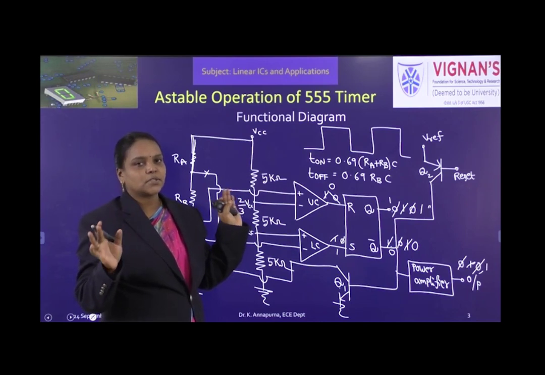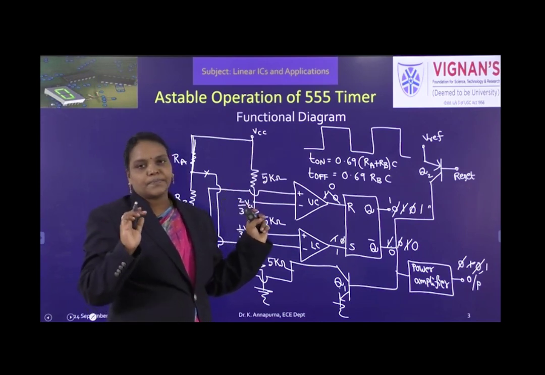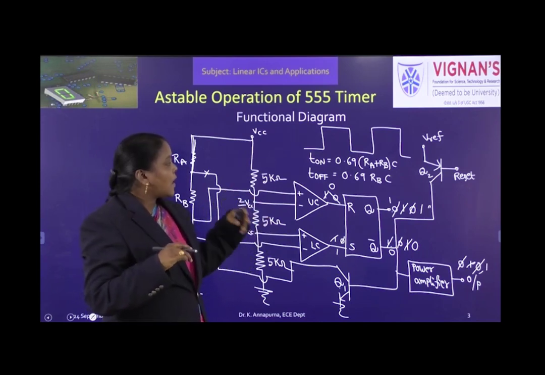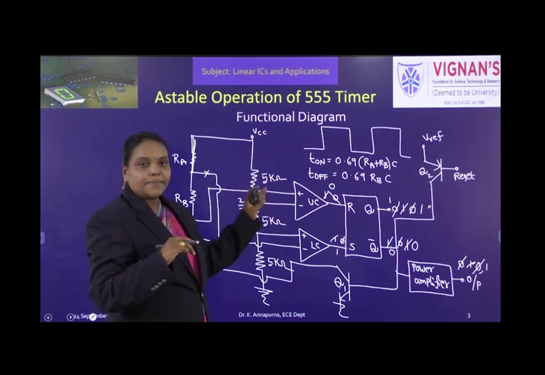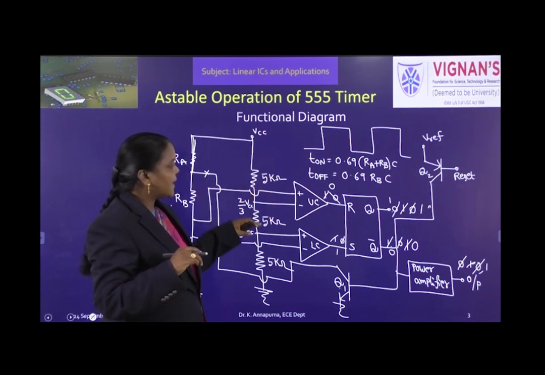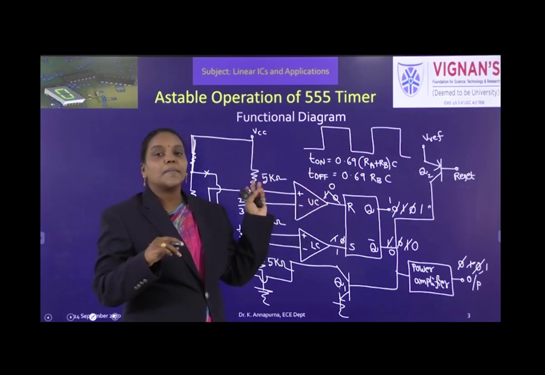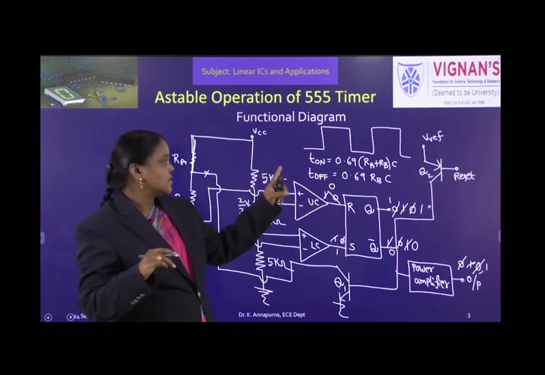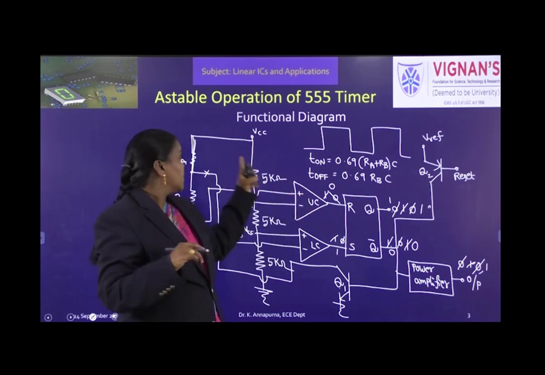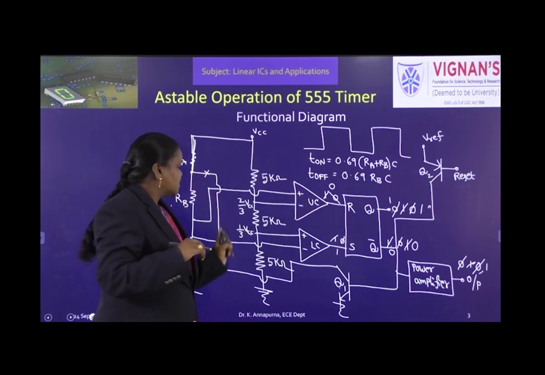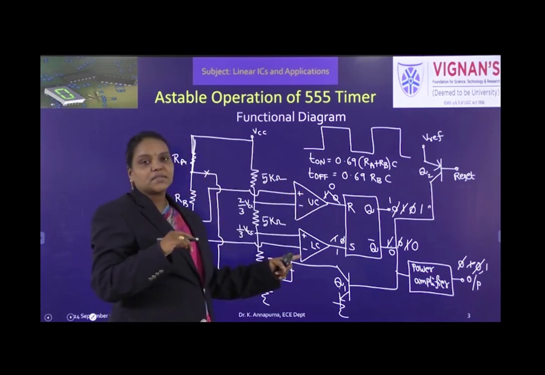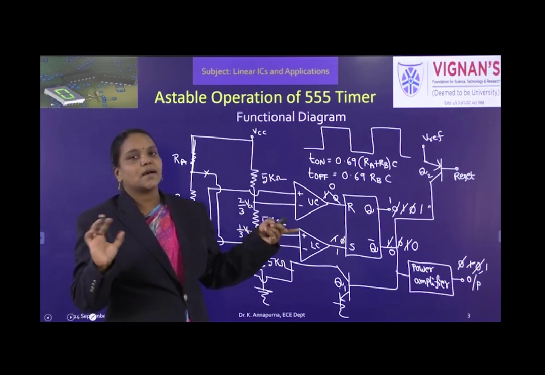That is, it won't work. So that is the problem. Other duty cycles you can easily obtain with the help of RA, RB and C values. But 50% duty cycle means RA should be 0. But RA being 0 means there is a chance of damaging the transistor and hence the IC.